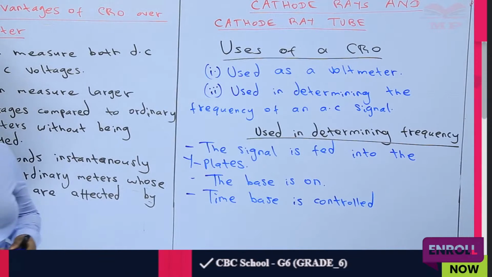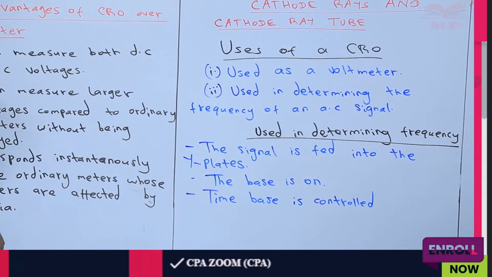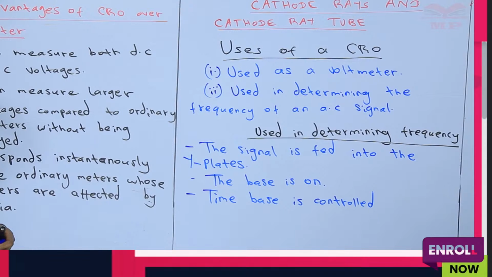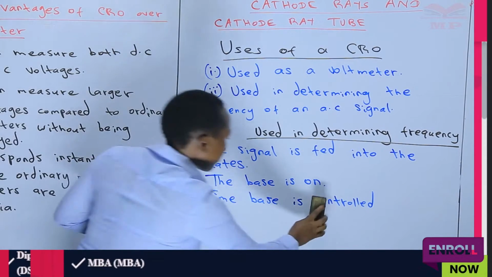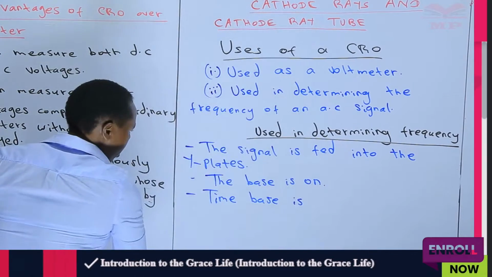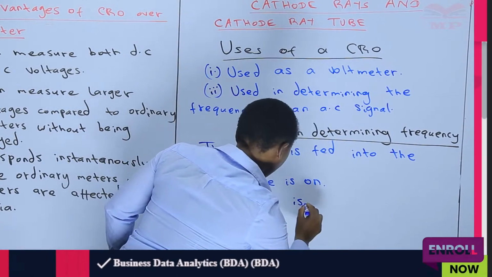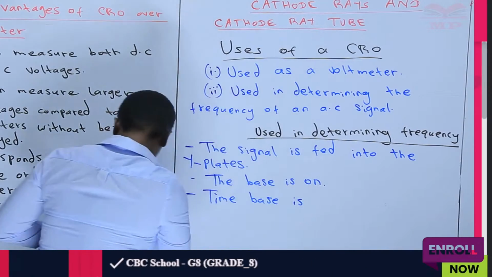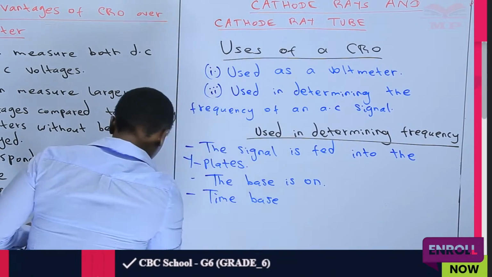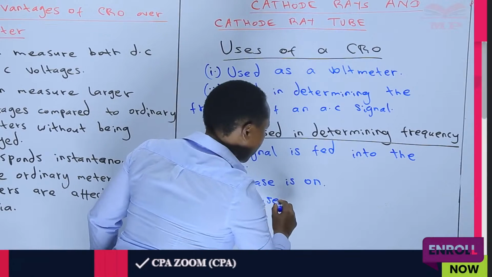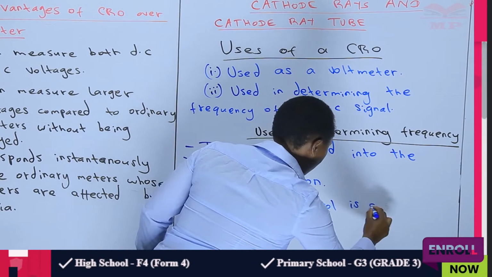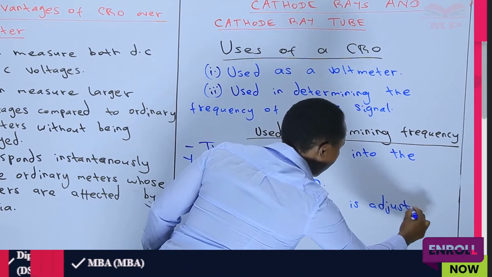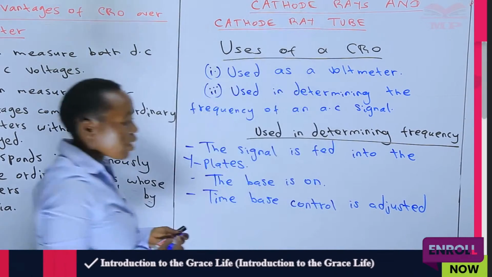The time base control, which is on the X plate, is adjusted to give as many cycles as possible.